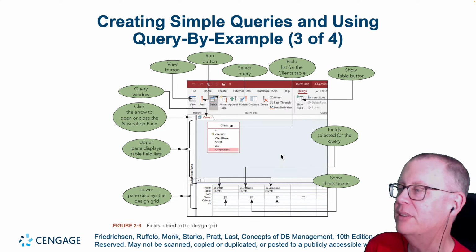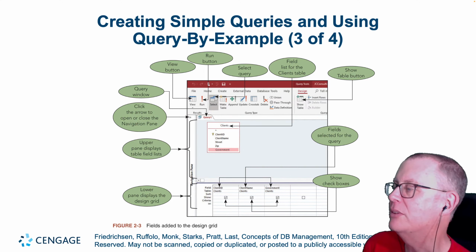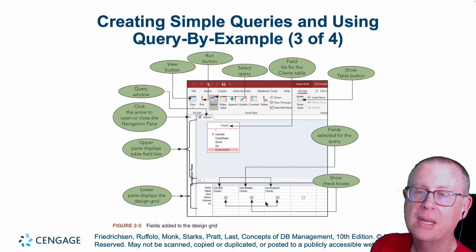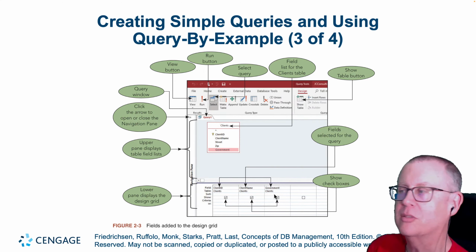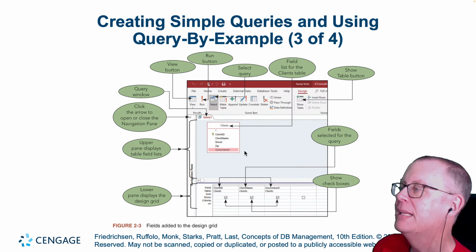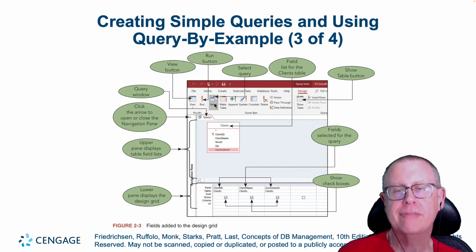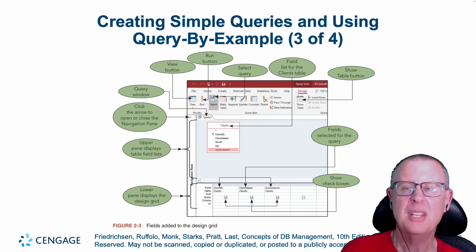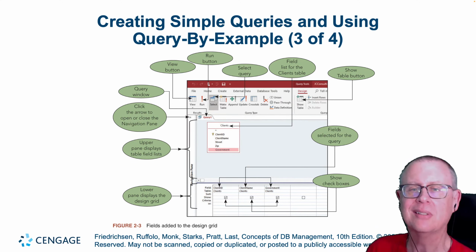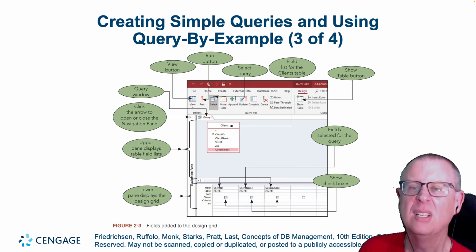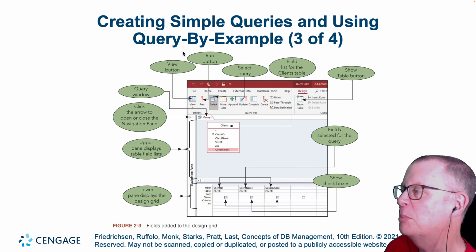This only has one table, but it doesn't have to only have one table. This lower pane selects the fields that we're going to be outputting from our query. When we just get information, it's just reading information, that's usually called a select in database speak. So that's why that select button is pressed.